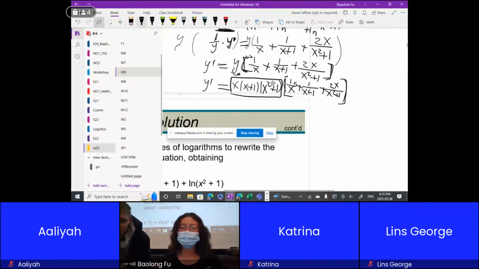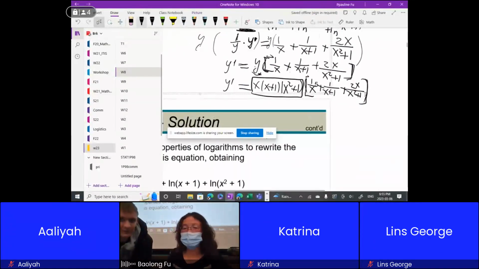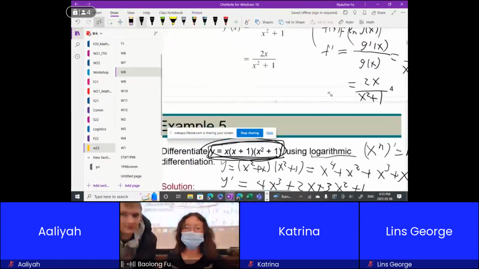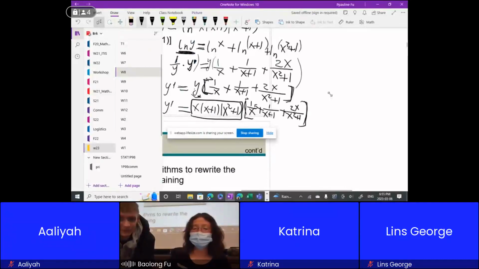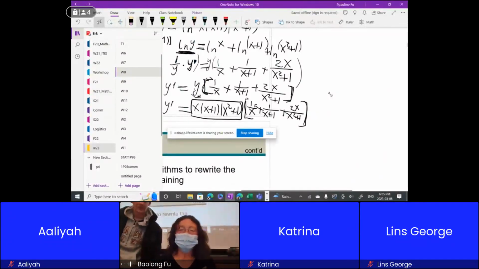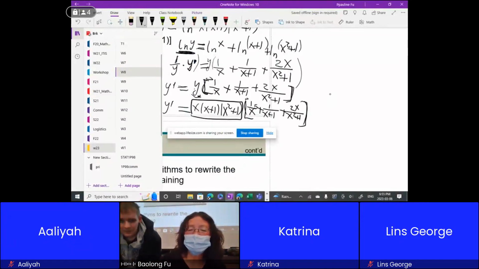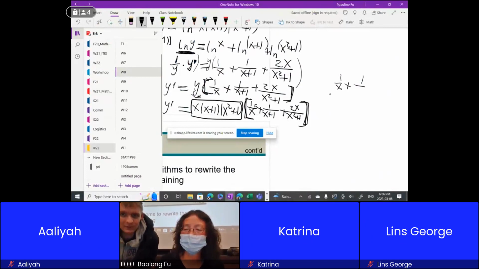Okay, I will prove it to you. I will get from here the same as we get here. First I will simplify this guy: 1 over x plus 1 plus 2x over x squared plus 1.